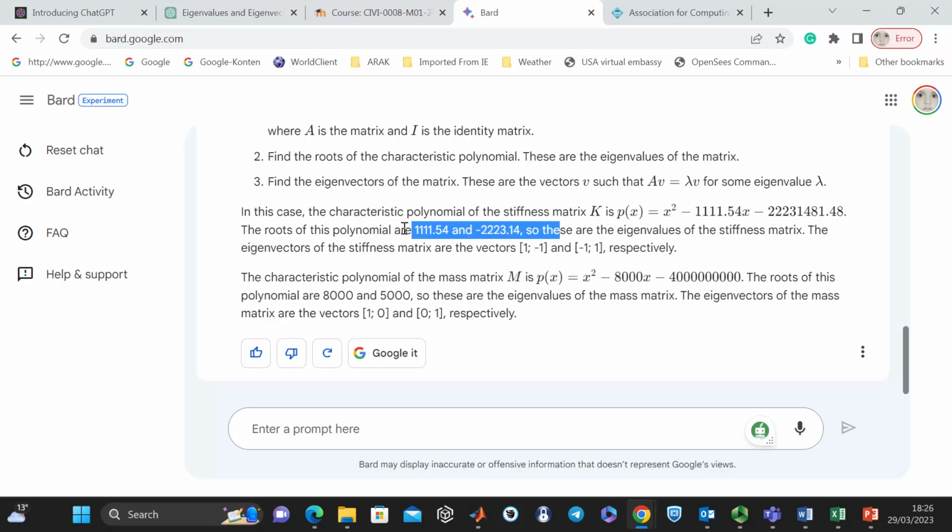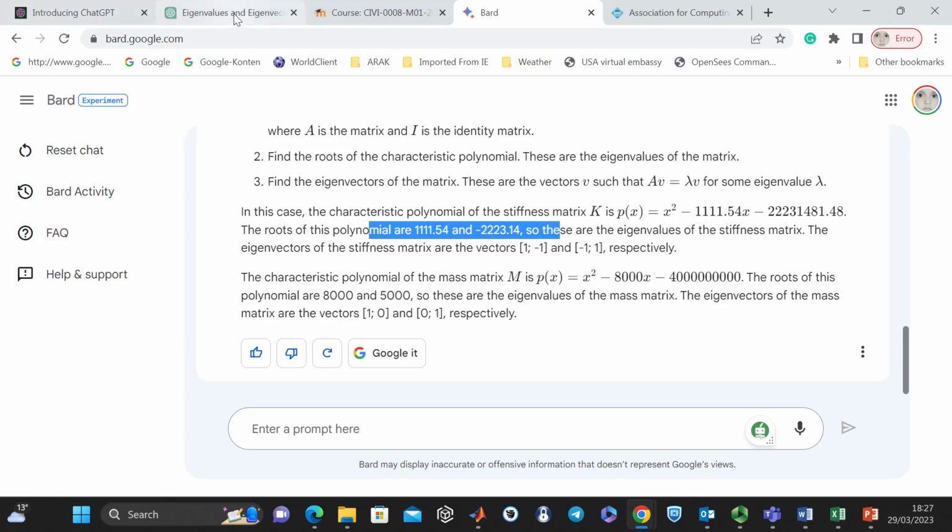As far as I understood, Bard is far behind ChatGPT in terms of development. I mean, it's less developed in comparison with ChatGPT, and it doesn't work like ChatGPT.